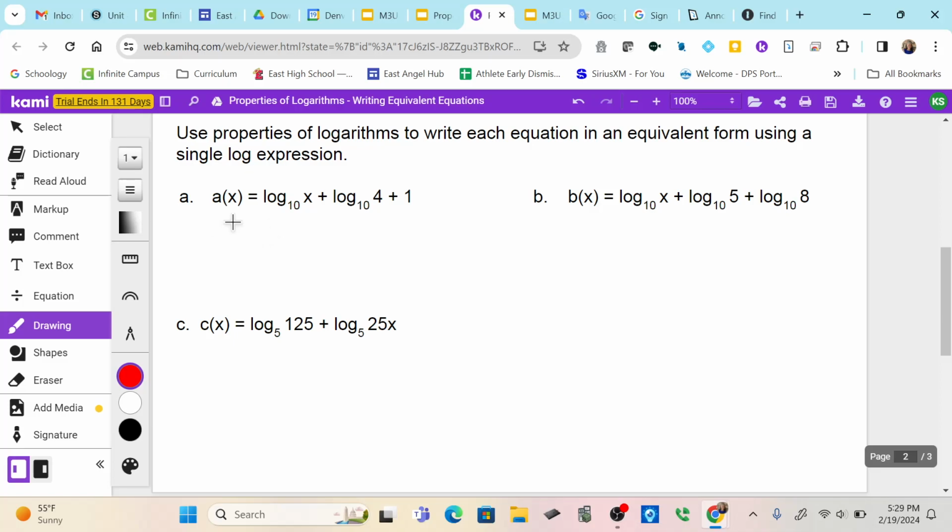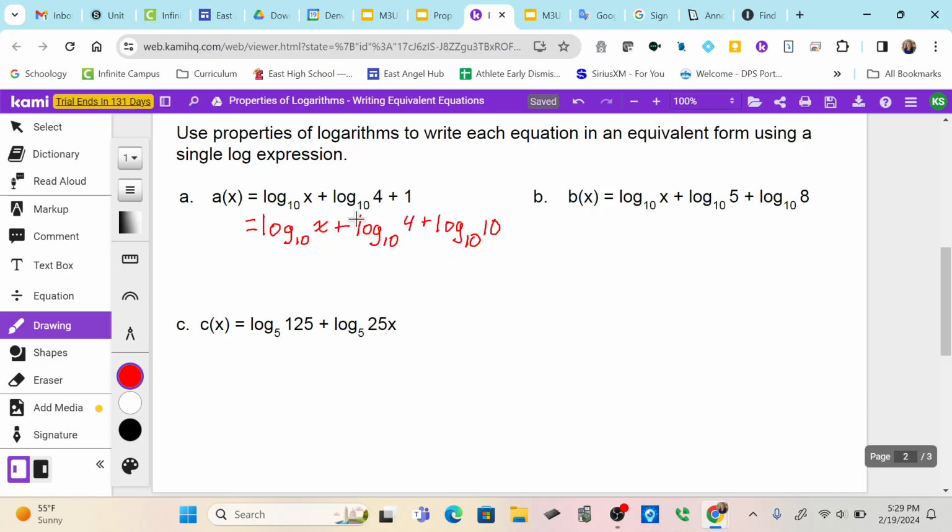So we can write this as log base 10 of x plus log base 10 of 4 plus log base 10 of 10. Well, we know if the base is 10, the argument would also have to be 10 in order for the value to equal 1, because 10 to the first power is 10.